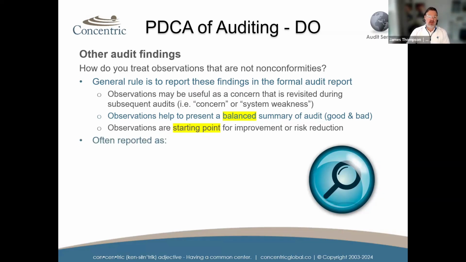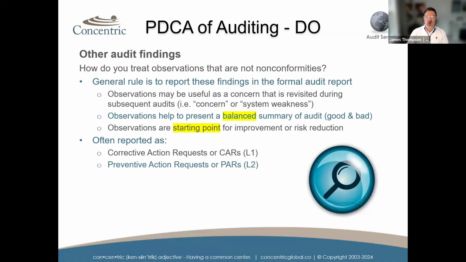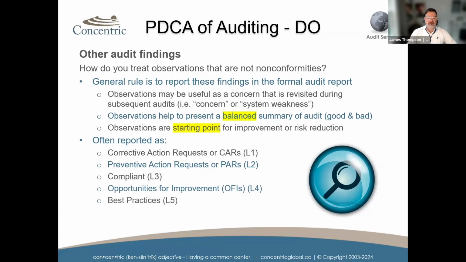They're often reported as corrective action requests, or CARs. That's kind of a level 1, or preventive action. Preventive action requests, or PARs, is a level 2. Compliant is a level 3. Or sorry, let me go back. This is compliant, not complaint.